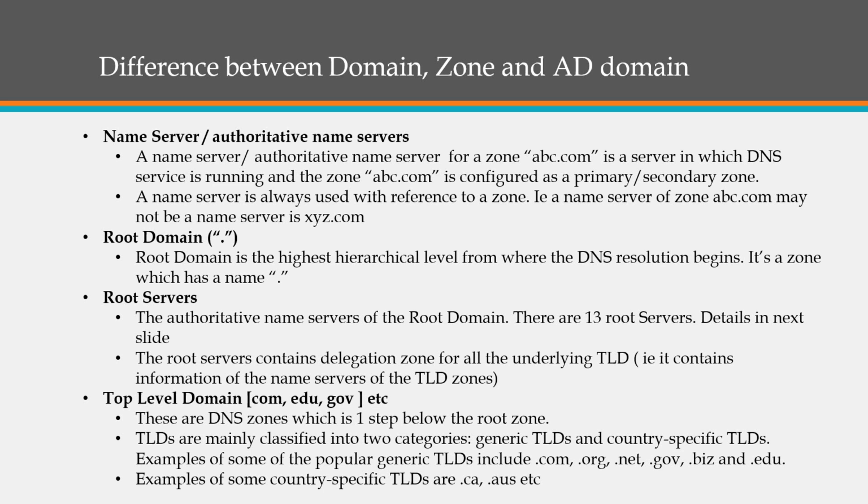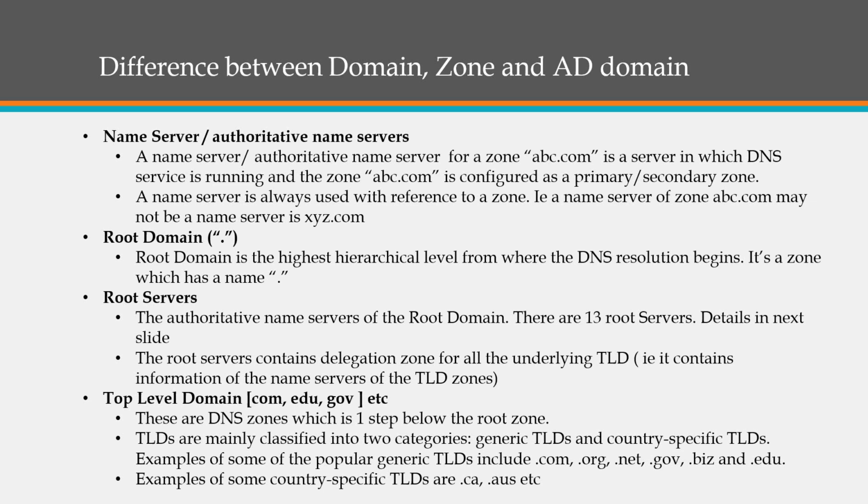That is, a name server for a zone abc.com may not be a name server of xyz.com because xyz.com may not be present in that particular server. I hope that's clear.